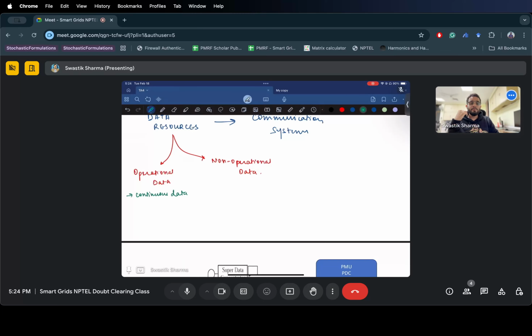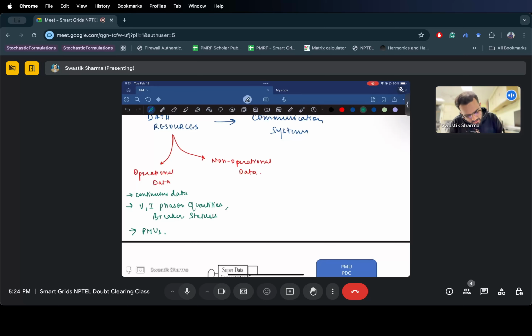To know how the system is behaving, how the system is operating, and that is why it's called operational data. What kind of data can help you monitor the state, the operation of the system? It's just VI phasor quantities. Also breaker statuses, because this is also needed, right? And for this, you have what you call phasor measurement units.